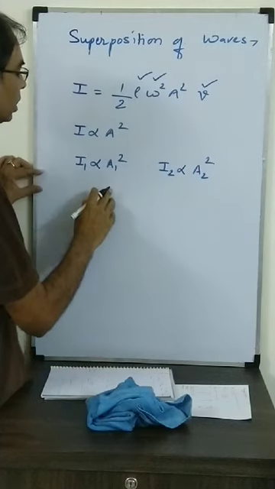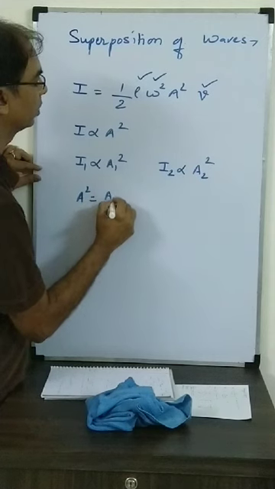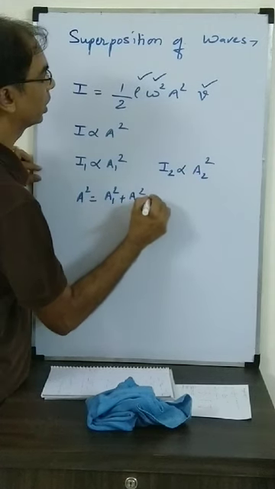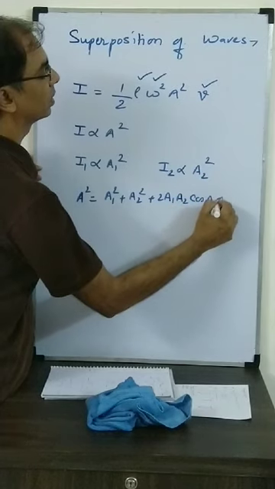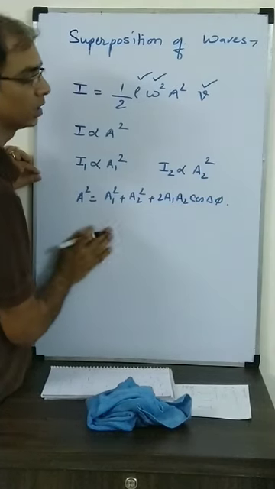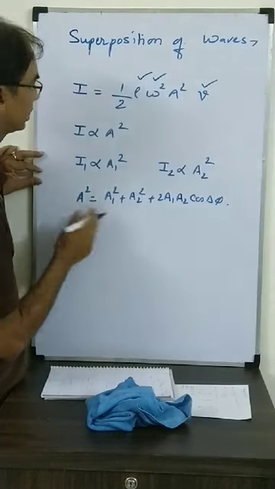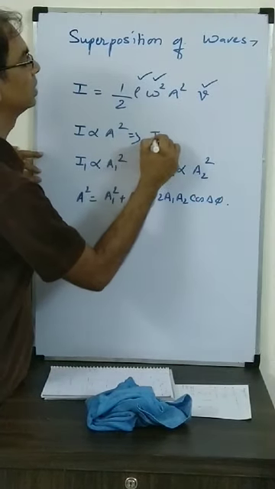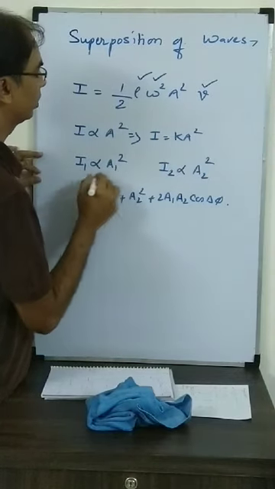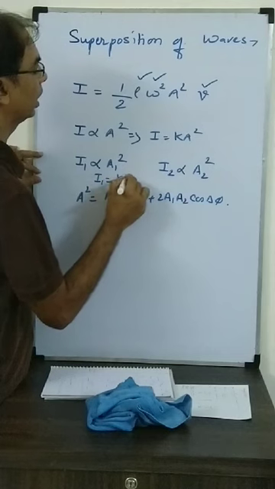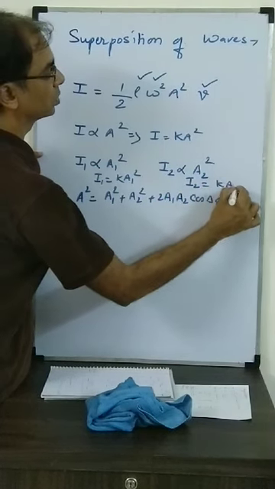Now we already know that the resultant amplitude is A square equal to A1 square plus A2 square plus 2 A1 A2 cos of delta phi. This expression we can change in terms of intensity also. Suppose I is equal to K A square, a constant K. Then I1 equals K A1 square and I2 equals K A2 square.